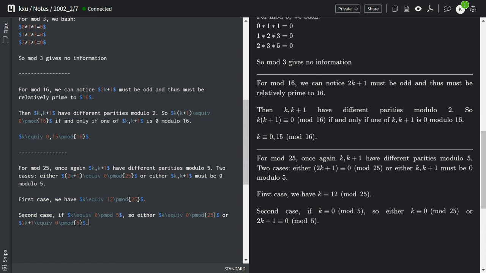If k is equivalent to 0 modulo 5, then because k plus 1 can't contribute anything, either k takes the entire share, or it splits up 25 and 5, 5 with the 2k plus 1 factor. So k is equivalent to 25 is a solution. And the case when k is equivalent to 0 modulo 5 means that 2k plus 1 cannot be 0 modulo 5, and the other yields no solution.